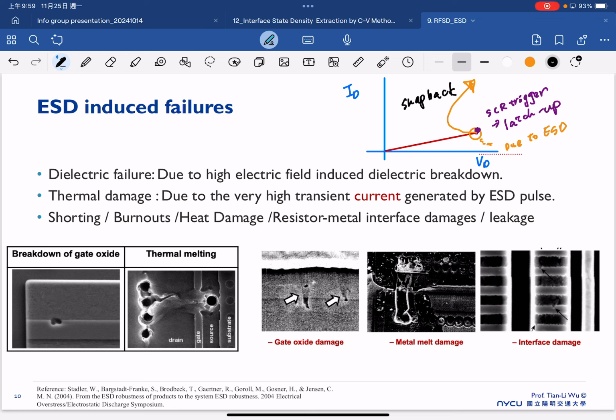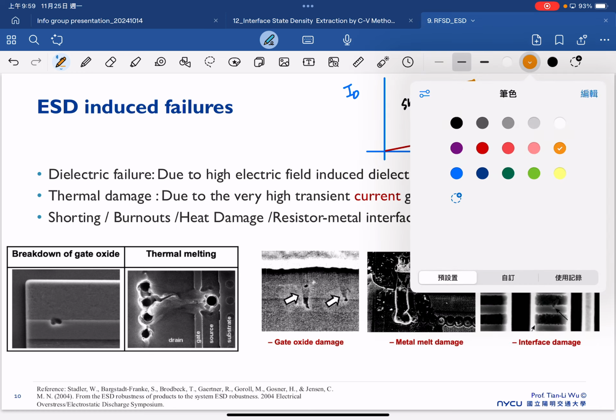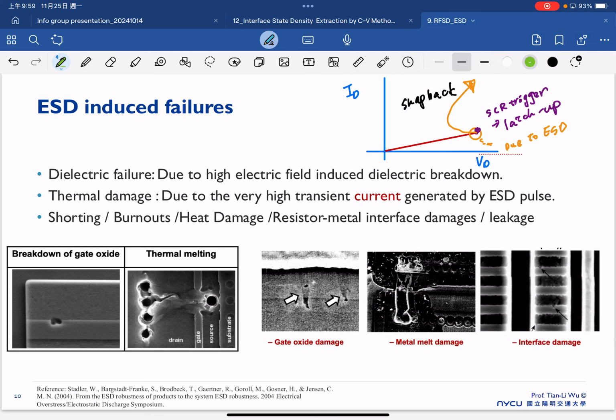So the issue is always happening once we have such high current here. This high transient current can cause thermal damage.